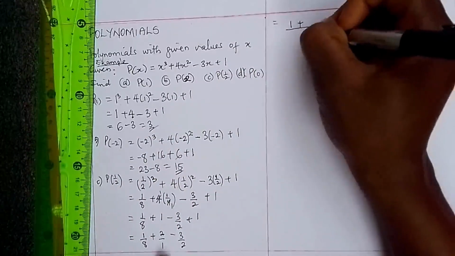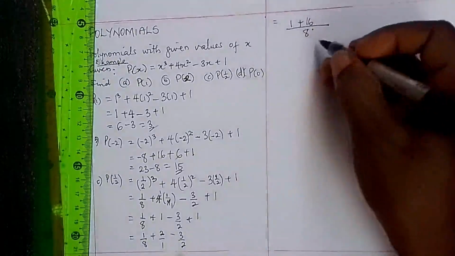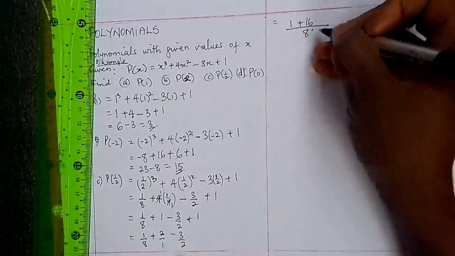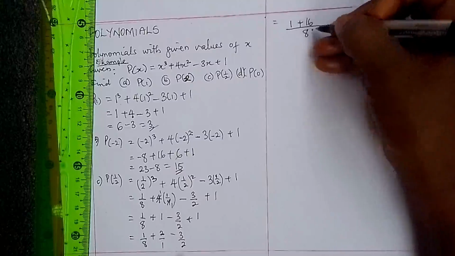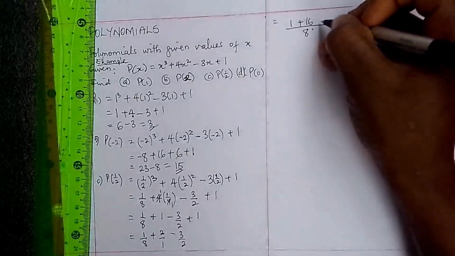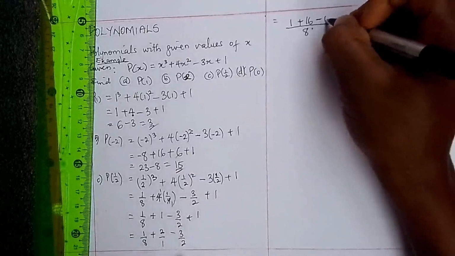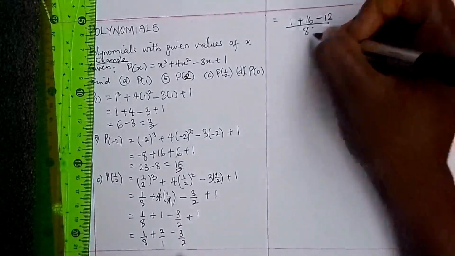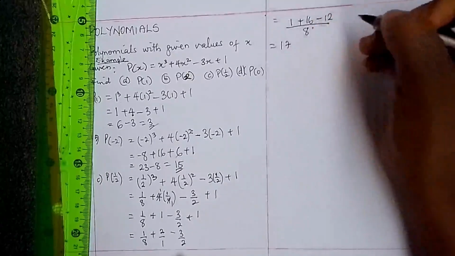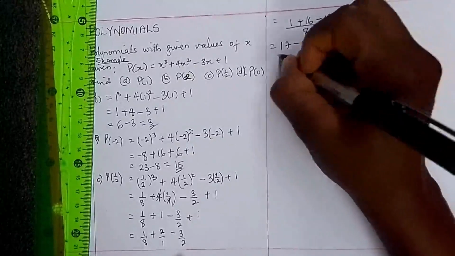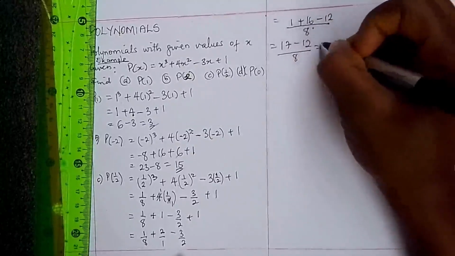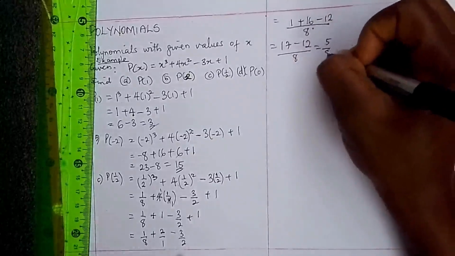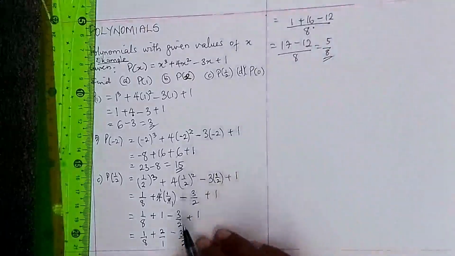Plus 1 divided by 8 is 8, 8 times 2 is 16. 8 divided by 2 is 4, 4 times 3 is 12. Minus 12. So 1 plus 16 is 17. 17 minus 12 over 8. So what we have here is 5/8. That gives us the value.